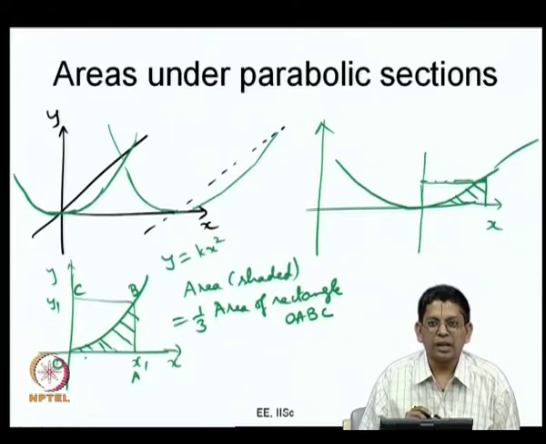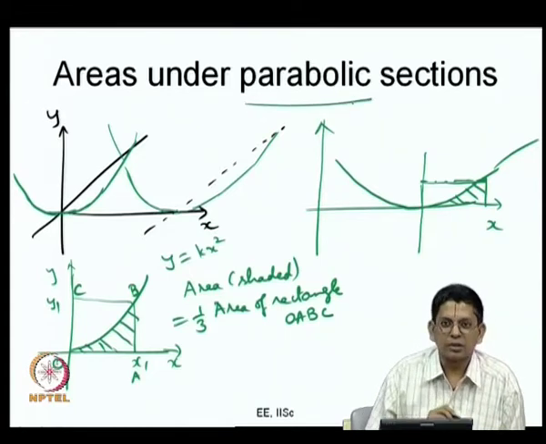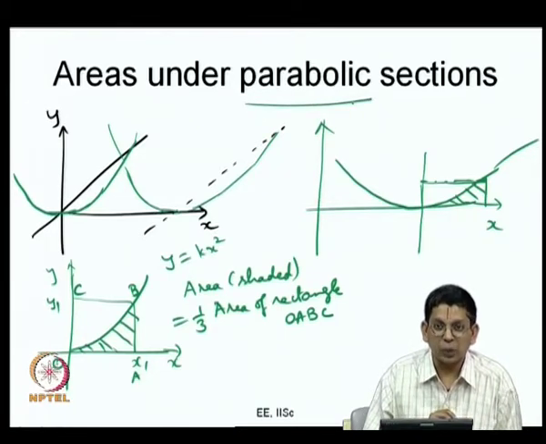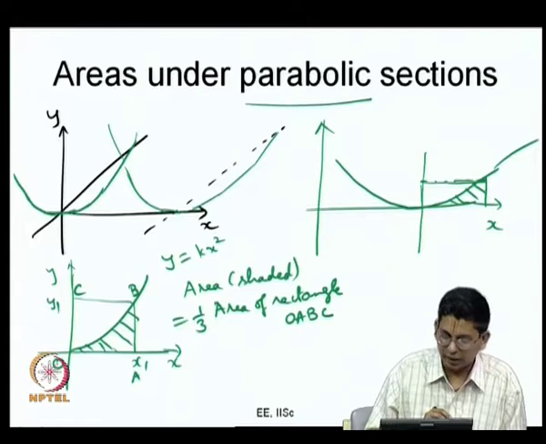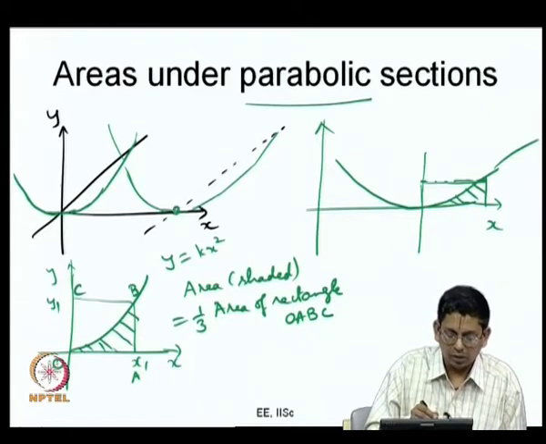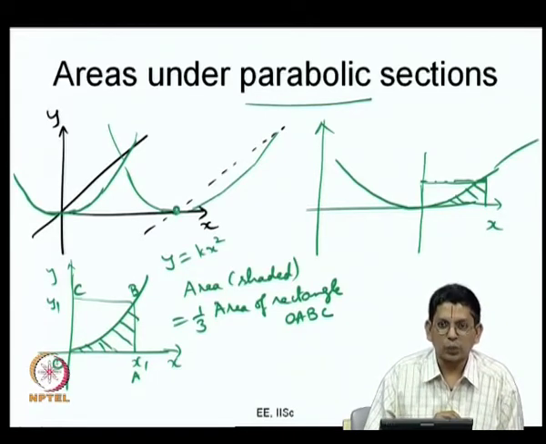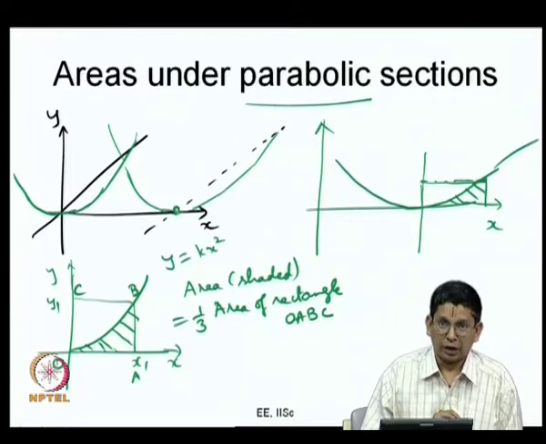So, this is the idea which we are going to use now, and you get parabolic sections by squaring the linear sections. But what kinds of parabola? You have a straight line that intersects at a particular value of x. So, it has a particular root and you are squaring. When you square, you get a parabola, and the parabola is going to have real and equal roots.